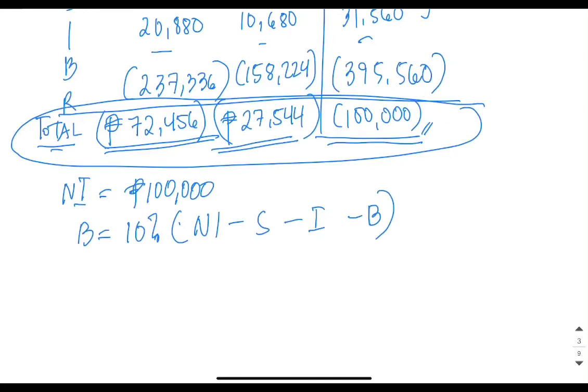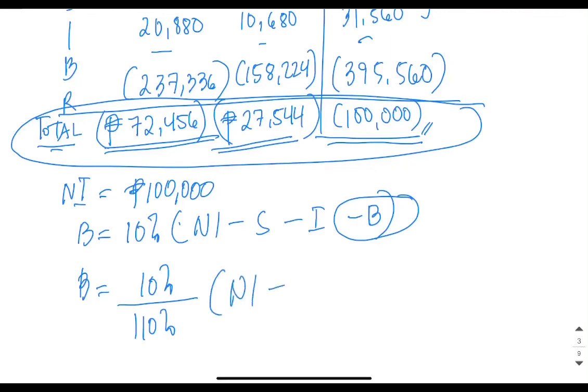So for our shortcut earlier, we just have to eliminate the after bonus, which will make us transpose these figures to the other side. So the formula will be: bonus is 10% divided by 110%, that's 100% plus the 10%, times net income minus salaries minus interest.